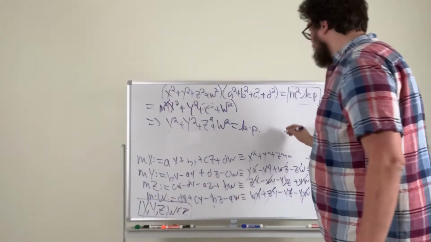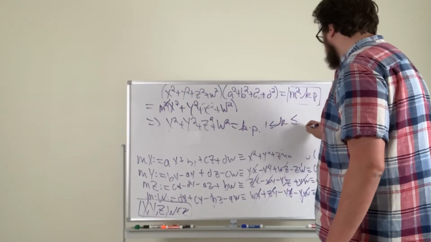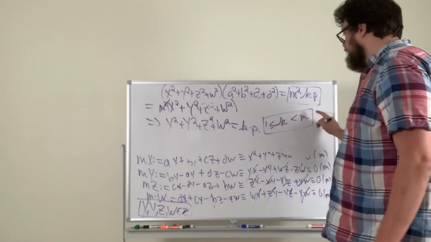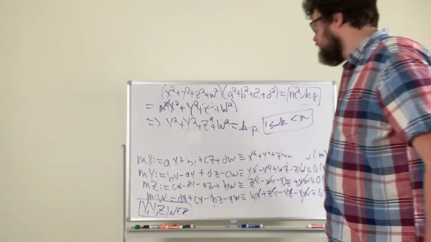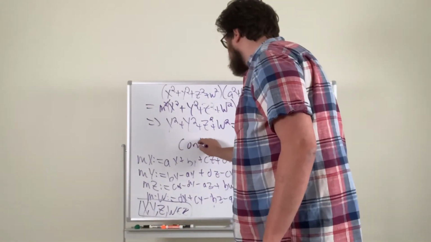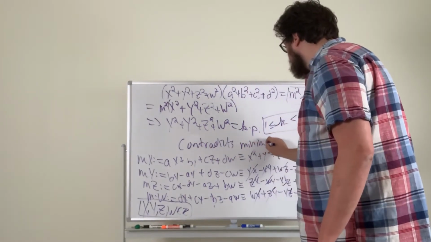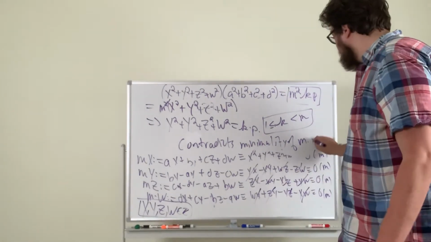And remember what we said. We said that k was at least 1, and it was less than m. Right? And m was the minimal choice, where it's the minimal multiple of p that's the sum of four squares. And so again, this contradicts the minimality of m, and therefore you're done.